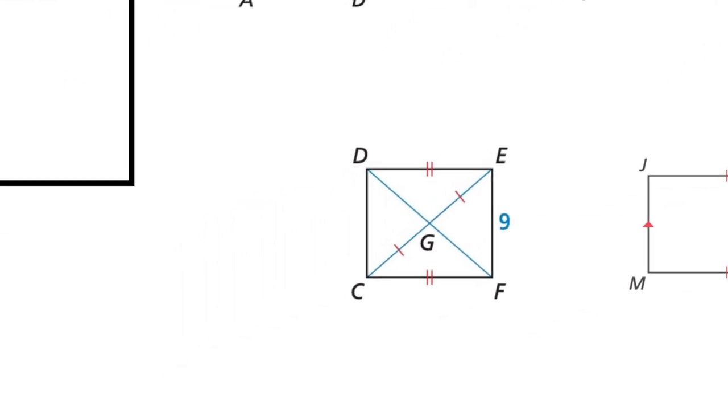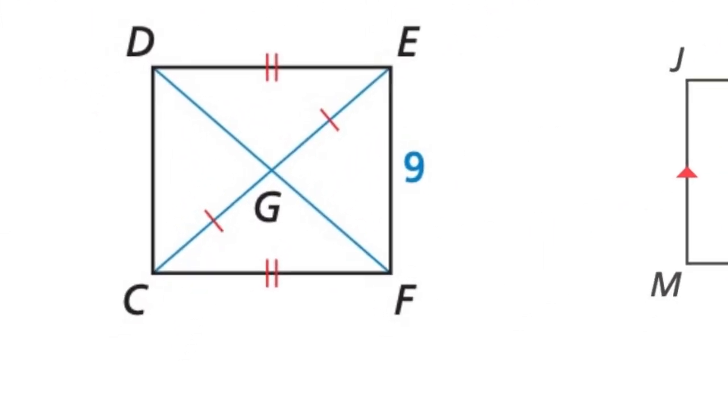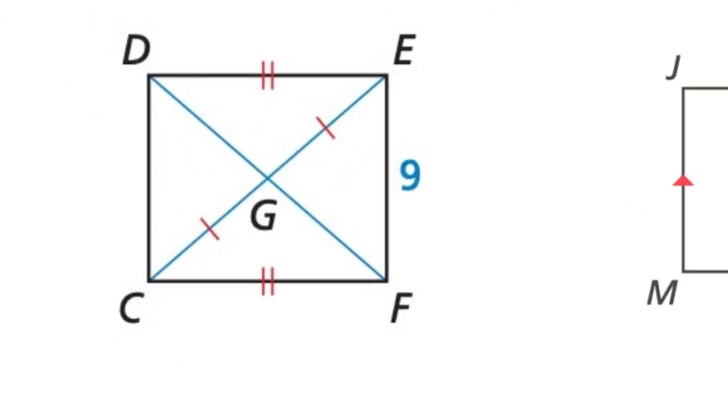All right, couple more here. All right, so looking at this one, I have one pair of opposite sides that are equal. Right, these two both are equal to each other. Okay, and then I have that this side is 9. And then I have each of these are equal to each other.